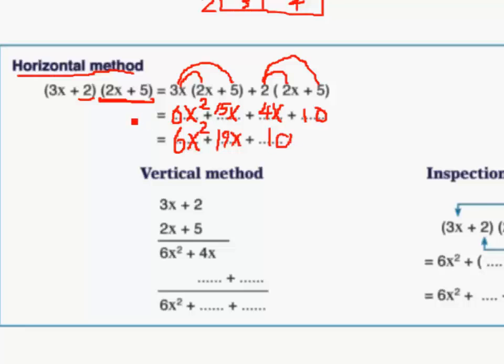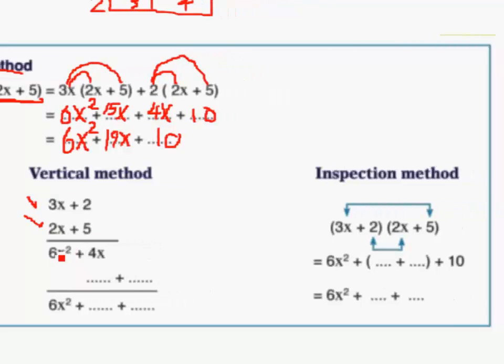This is a way or a method. This is the horizontal method. We have the vertical method, in which we write the first binomial, and underneath in the second line we write the other binomial, and we have to multiply. Take 2x multiplied by 3x plus 2. So 2 times 3 is 6, x times x is x squared, plus 2 times 2 is 4x.